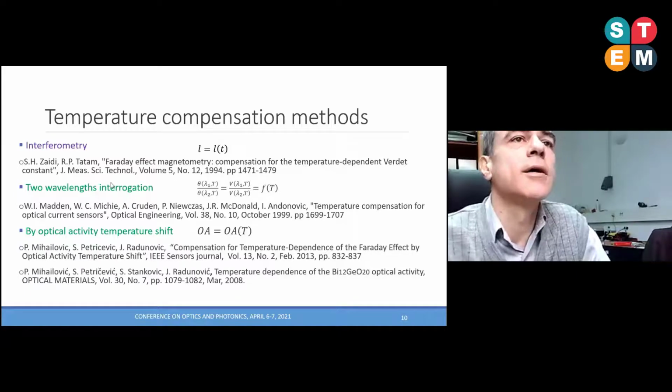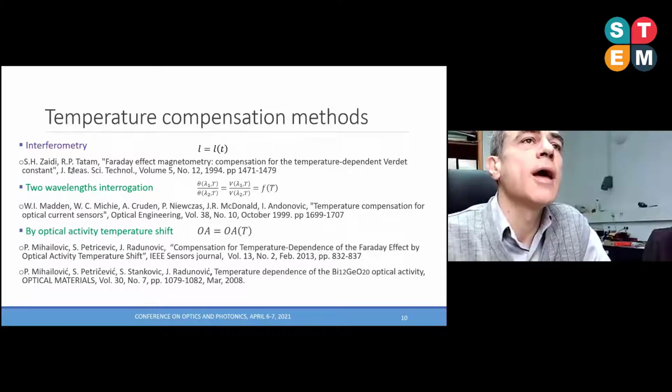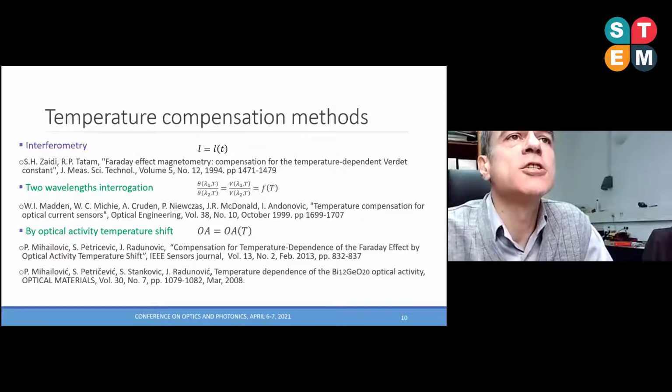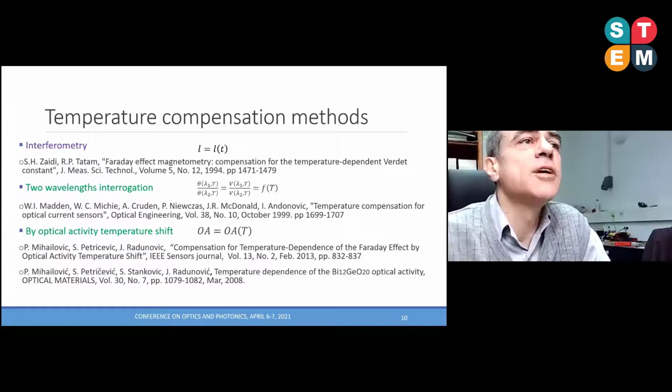The first of them is interferometry, a very elegant solution where you monitor the crystal length change with the temperature, and from the interferometric fringes phase, you conclude the temperature, and from the visibility of the fringes, you determine Faraday rotation. This is a very elegant solution, but it's constrained to the laboratory because it's very complex and very prone to vibrations. These 2 other solutions can actually be incorporated in a portable device.